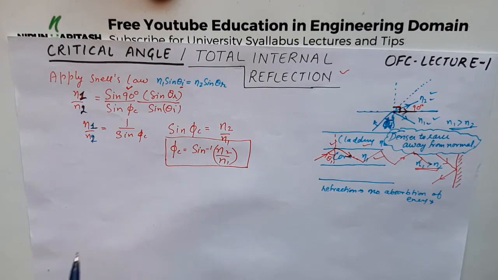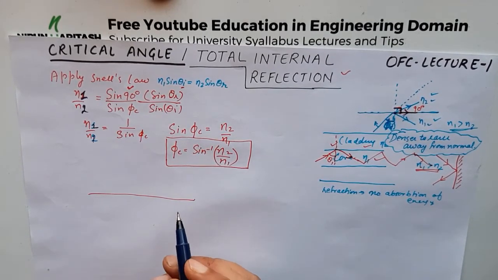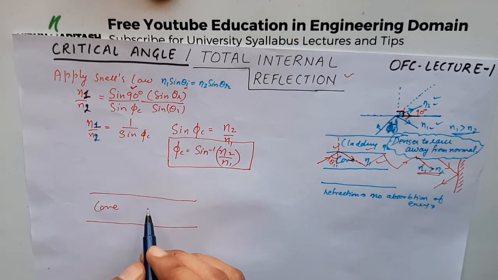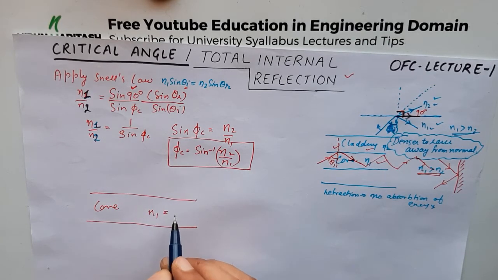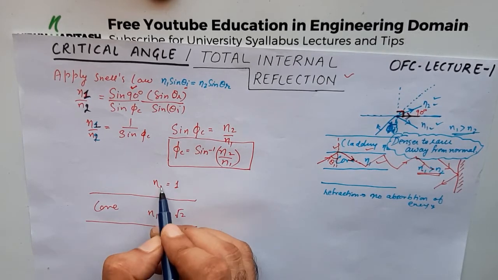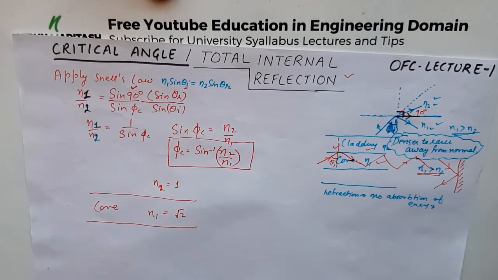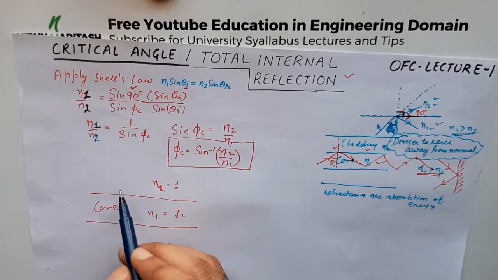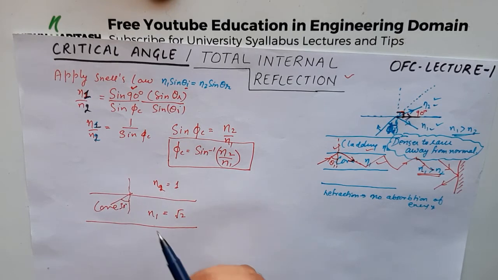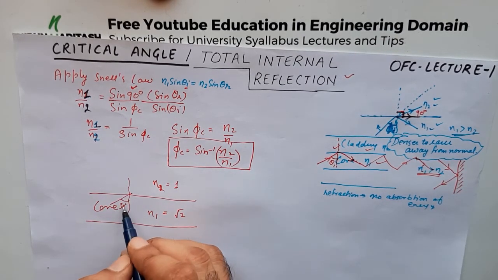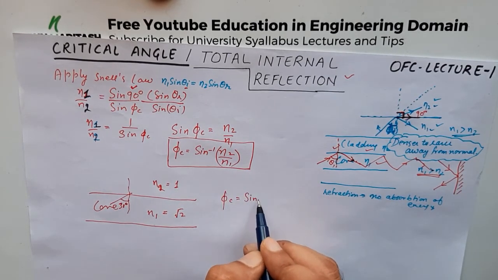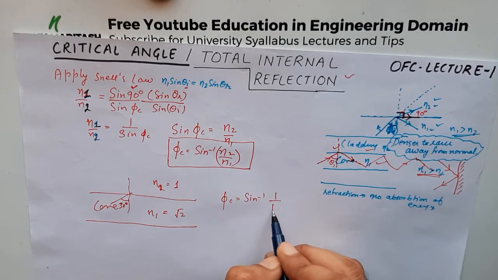Let us say we have a case where the core has eta 1 equal to root 2, and the cladding has eta 2 equal to root 1. So we can send this at a certain angle, say 30 degrees, but we need to find out what the critical angle is. So we find sine inverse of 1 upon root 2.